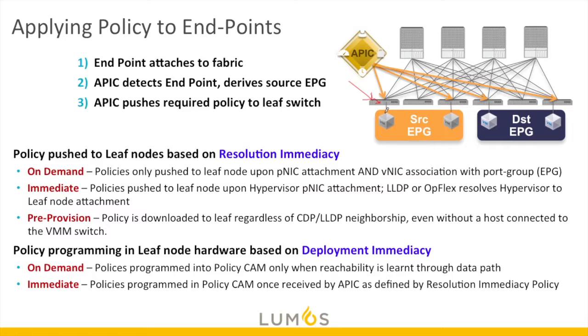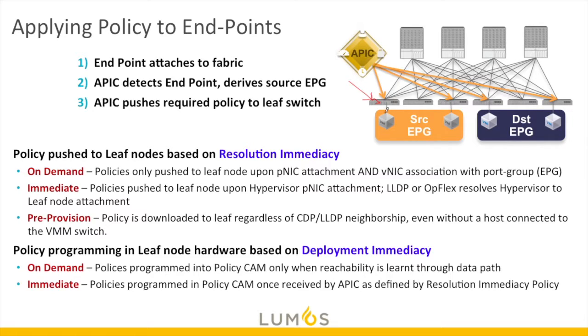Different chips have different amounts of them, so different models may have different amounts per leaf. But it's a precious resource, and we want to conserve it as much as we can in order to get as much policy as we can throughout the entire fabric. So one of the things we can do is restrict.